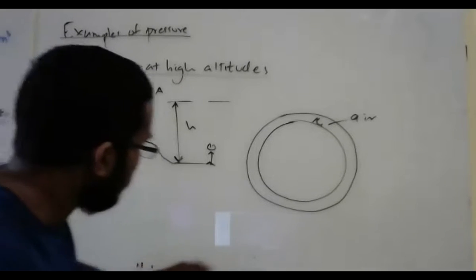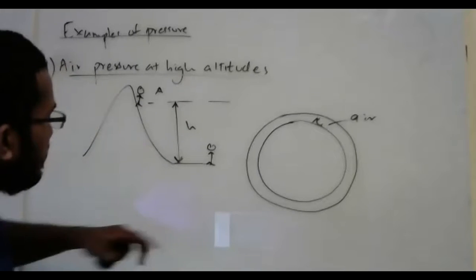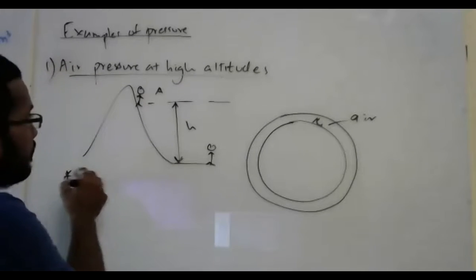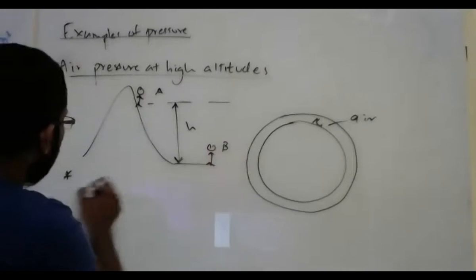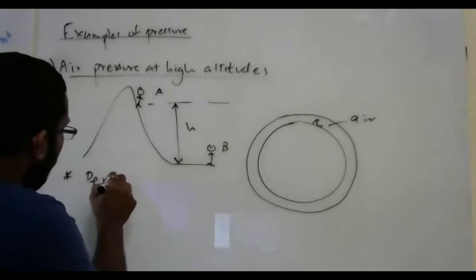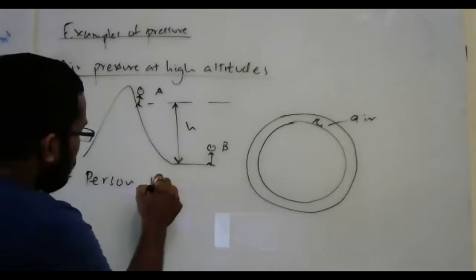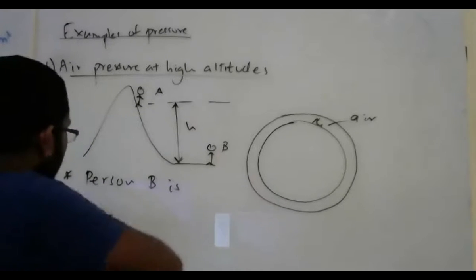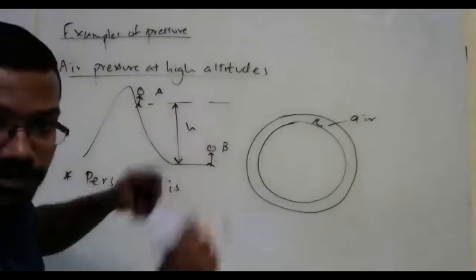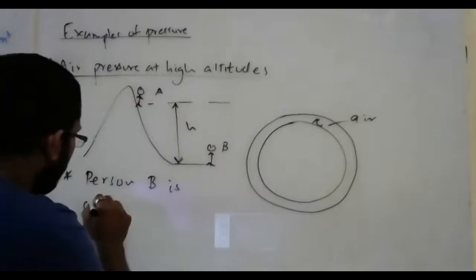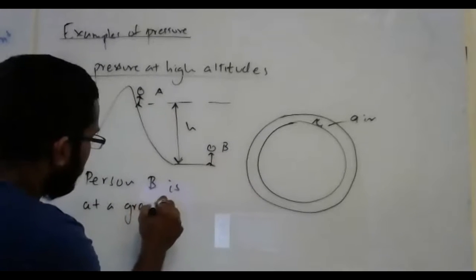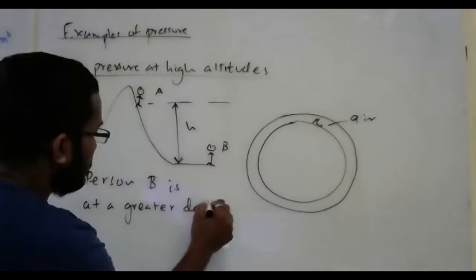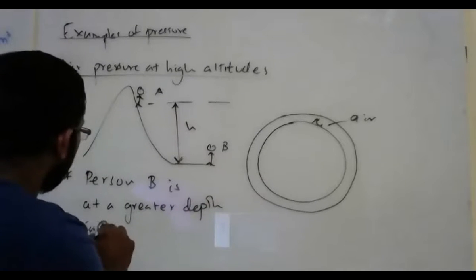But anyway, now please draw this and write: person B is at a greater depth in the atmosphere.